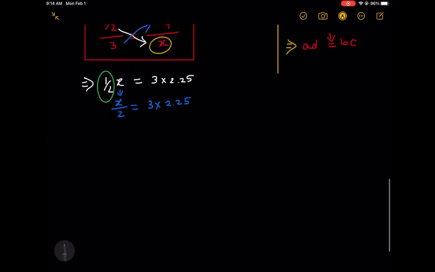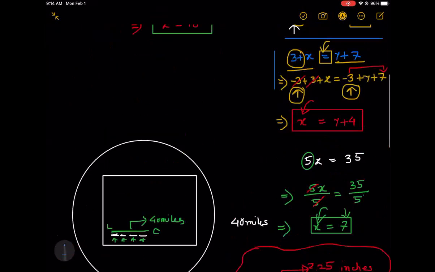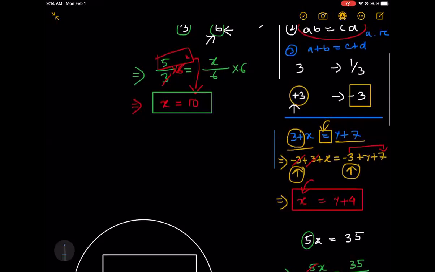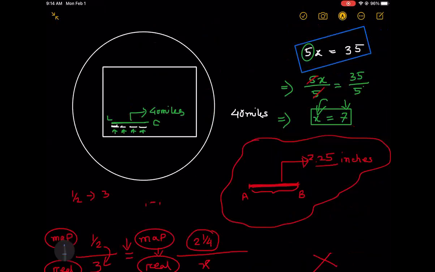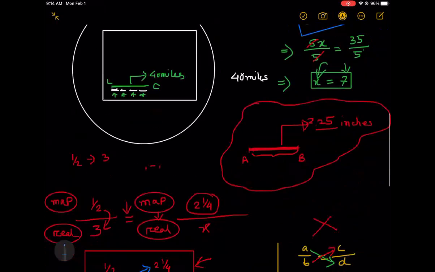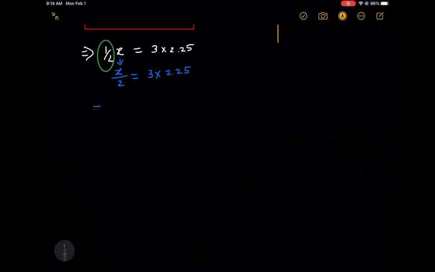So if we have anything like this, we have seen this before, we can divide both sides by whatever value we have associated with that x. On this occasion, we have 2, and this is actually the denominator of the fraction. So we can actually multiply both sides by that.